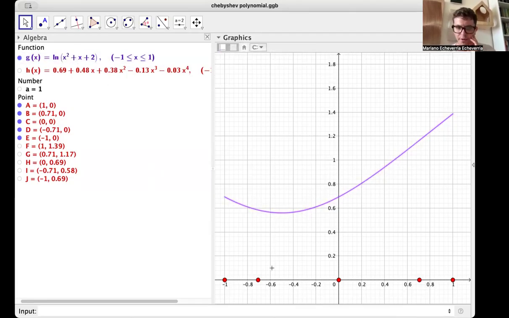I'm just graphing it from -1 to 1 because the interpolation is just happening there. And the red points that you see here are the Chebyshev points of degree 4, the Chebyshev nodes. So they're -1, -1 over root of 2, 0, 1 over root of 2, and 1.